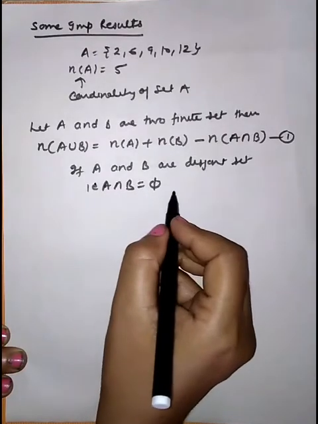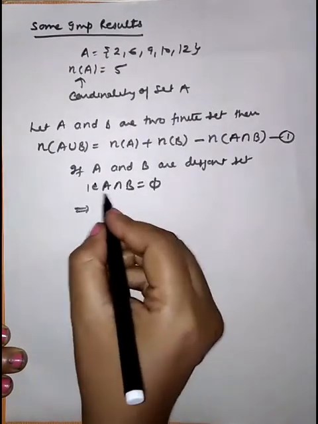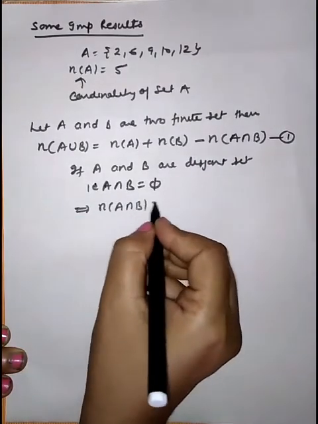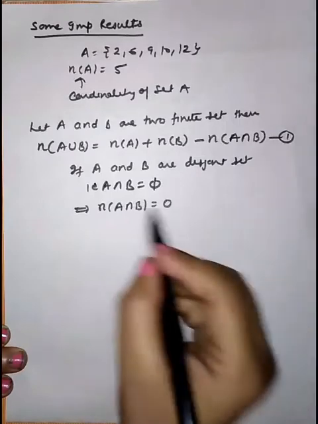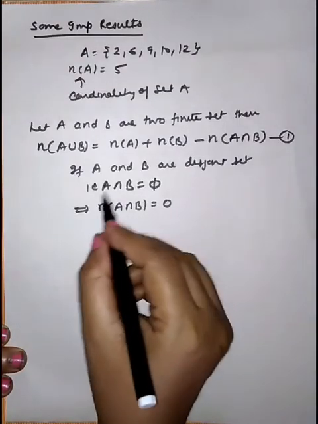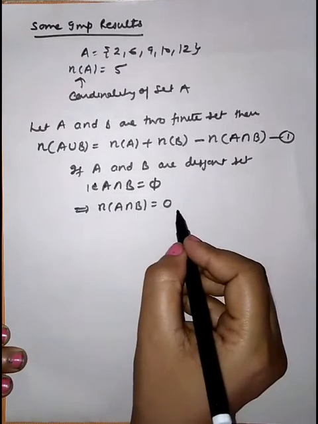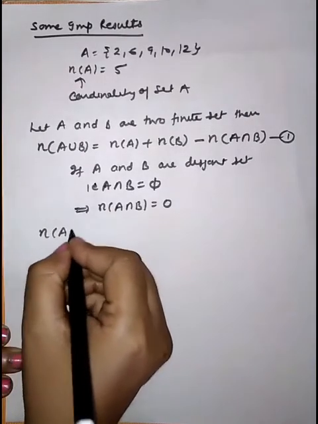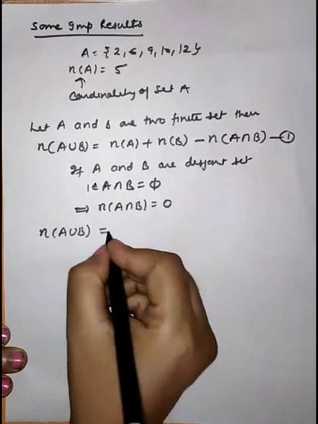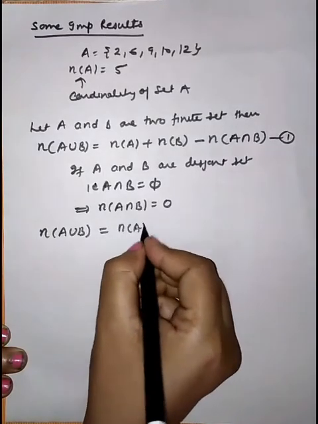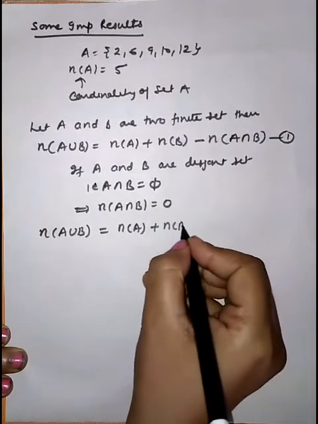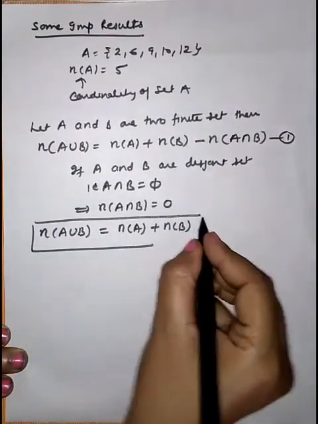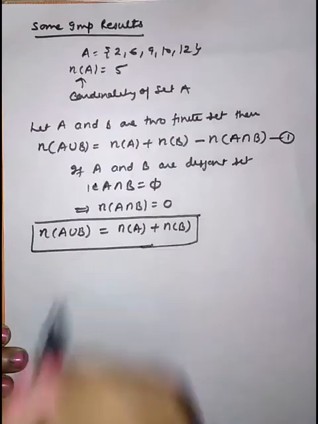If A intersection B is empty, then the number of elements of A intersection B equals 0. Now put this value in equation 1, and we get n(A union B) equals n(A) plus n(B).